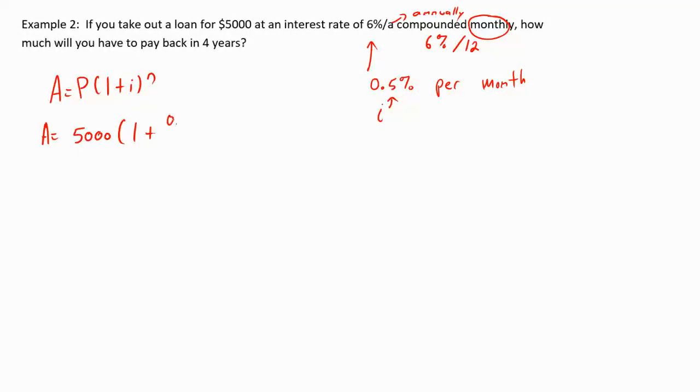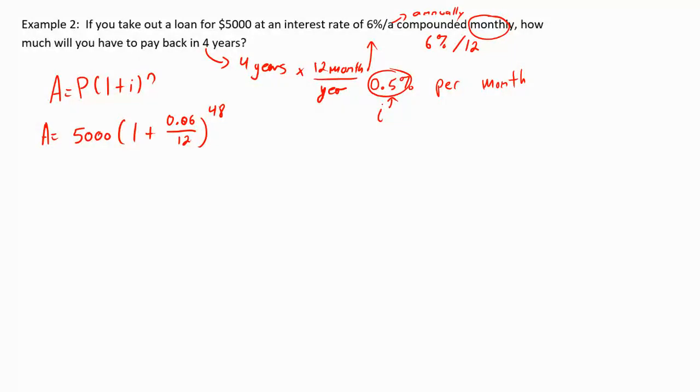So this is really 0.06 divided by 12, which is going to give us this 0.5% here. Now, our exponent, though, is 4 years, but we have 12 months per year. So that's going to be an exponent of 48.